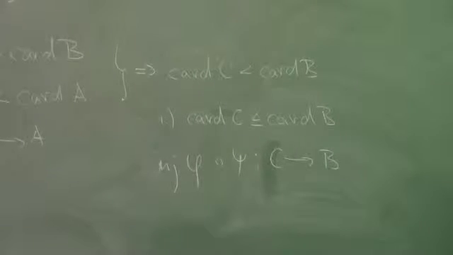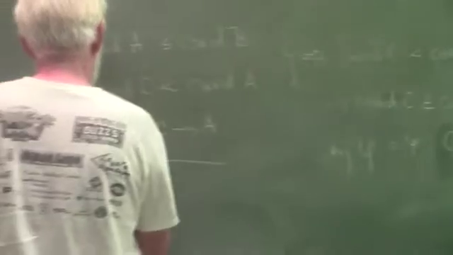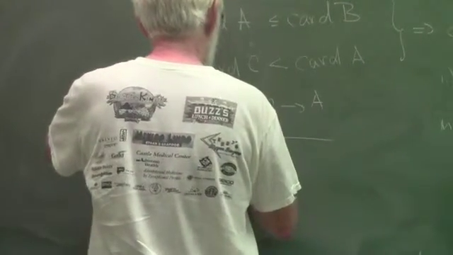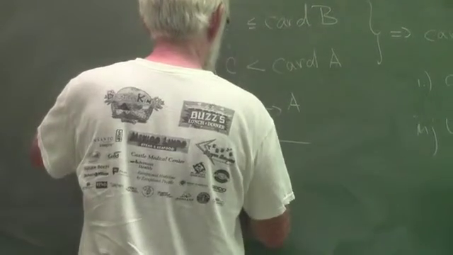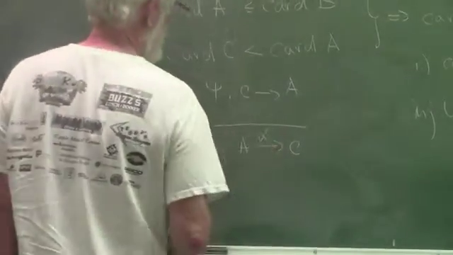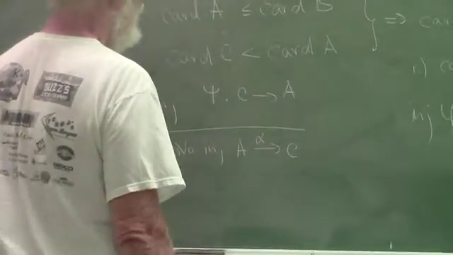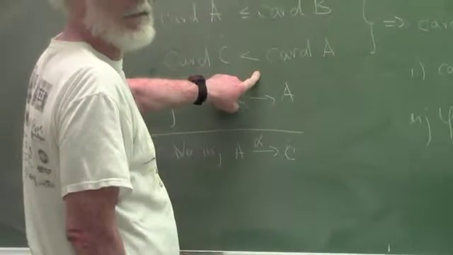Okay. So the second thing was, we have no injection from A to C, let's call it alpha, if you want strict inequality.